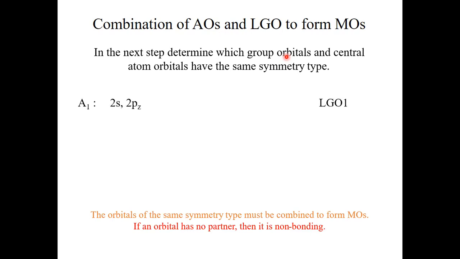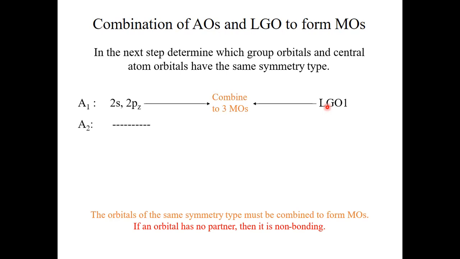All right, so now when we look at the symmetry type A1, then we notice that the 2s and the 2pz orbital have that symmetry type. We also have determined that one of the three ligand group orbitals has that symmetry type. So how many molecular orbitals of the symmetry type A1 would we expect? Well, that's the same as the number of orbitals we have started with, and that means that we will get 3 molecular orbitals of A1 symmetry type.